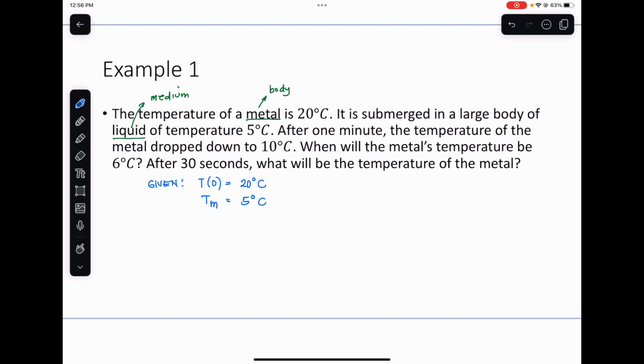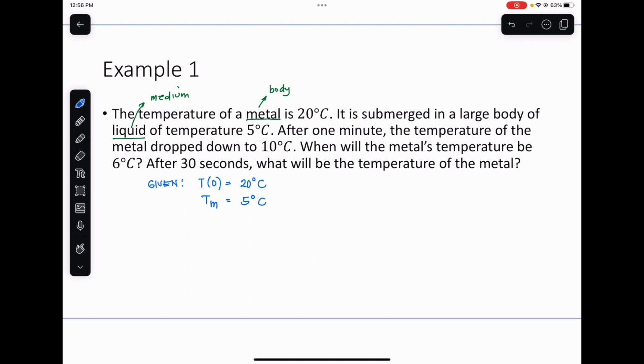From 20 degrees Celsius, after a certain period of time, it will drop down. After an infinite time, after a very, very long time, that is the time that the body could reach or assume the temperature of the environment, or the temperature of the medium, which is 5 degrees Celsius.